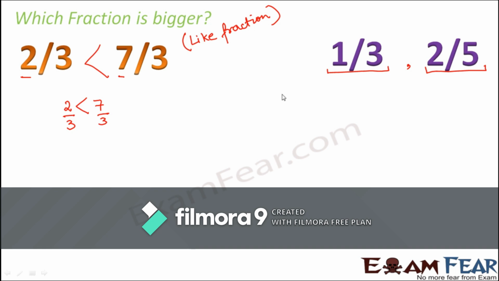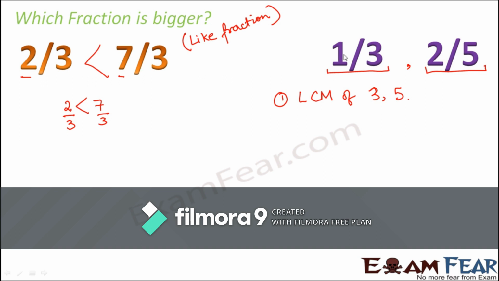For that, the first step would be to find out the LCM of 3 and 5, that is the denominators. Now, what is LCM? Least common multiple. You remember we had learnt about how to find HCF and LCM in class 6th. If you have forgotten, then refer to the maths videos of class 6th to understand LCM in detail.